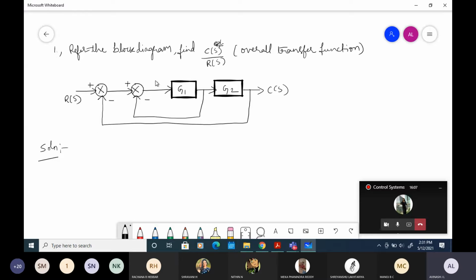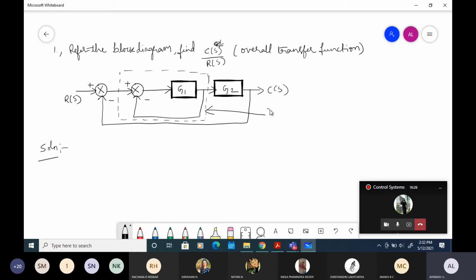So now you can see this. Inside this particular diagram, we can see that this is the feedback loop what we have, correct? Yes or no?